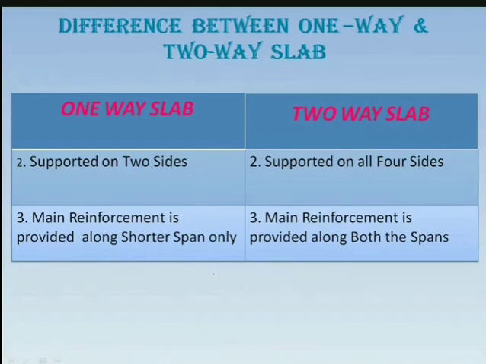Hence, the supports have to be there on all four sides. Then in a one-way slab, main reinforcement is provided only along the short span, whereas in a two-way slab, the main reinforcement is provided along both the spans. So these are the major three differences between the one-way slab and two-way slab.